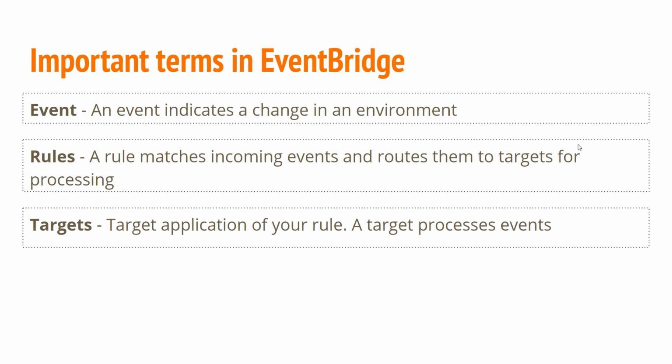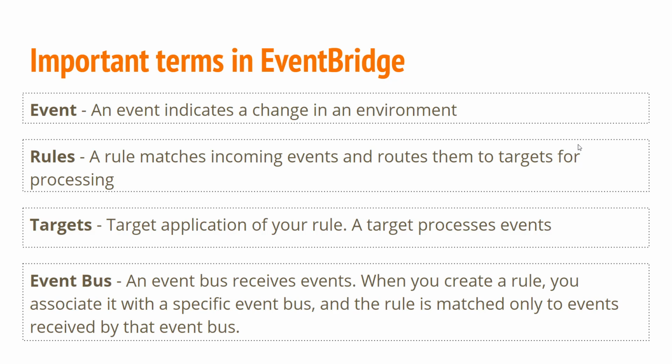Then what are targets? A target processes the events. Targets can include Amazon EC2 instances, Lambda functions, Kinesis streams, ECS tasks, Step Functions state machines, SNS topics, SQS queues. A target receives events in JSON format.